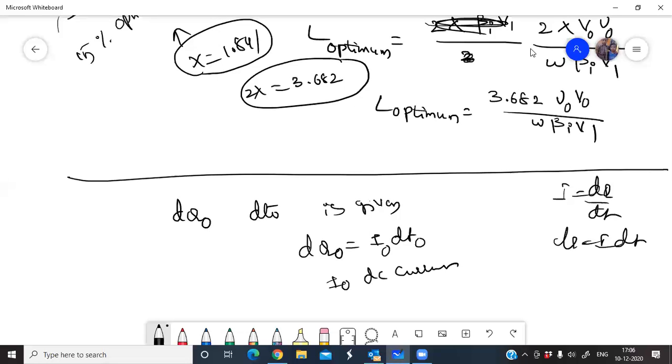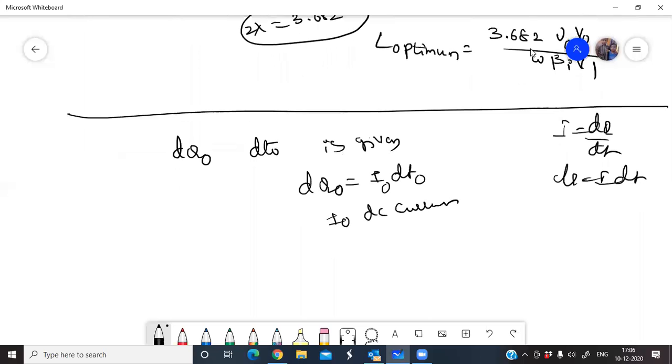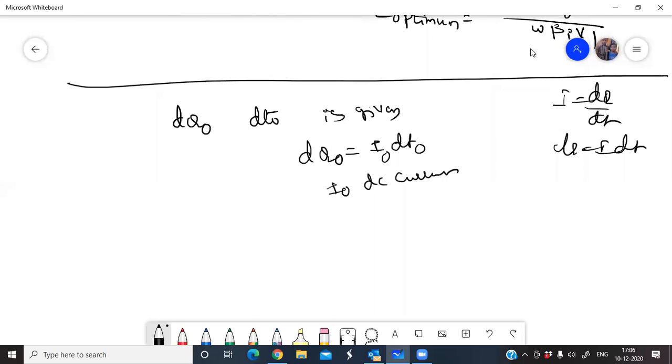Now, from the principle of conservation of charge, the same amount of charge dq naught also passes the catcher cavity at a later time interval dt2. In general, entering charge equals leaving charge, so entering current equals leaving current.